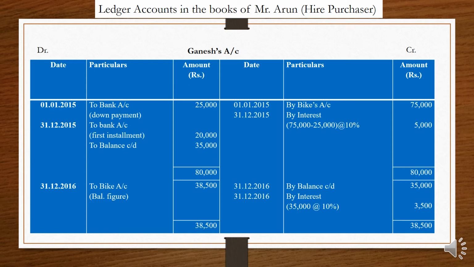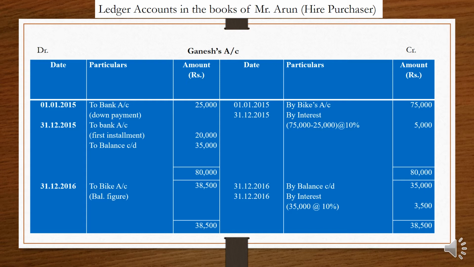Now at the end of the year, we have to charge interest on the balance of cash price 35,000. So 35,000 at the rate of 10% is equal to 3,500. So we have the debit balance here of 8,500.